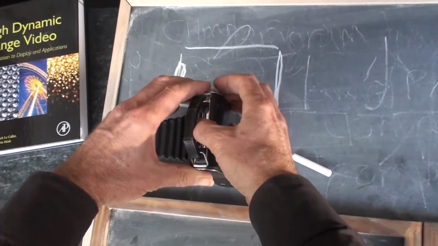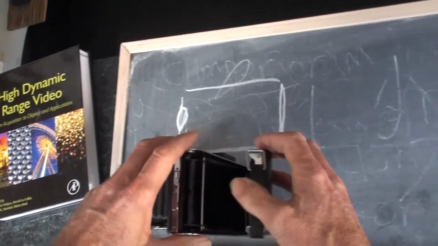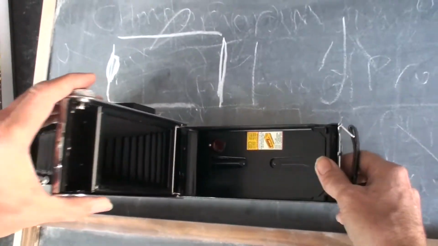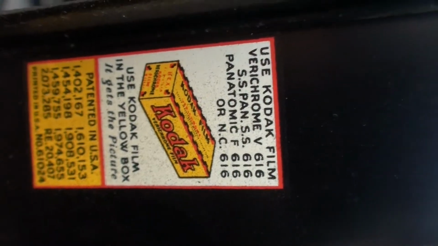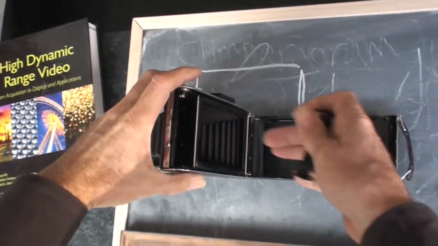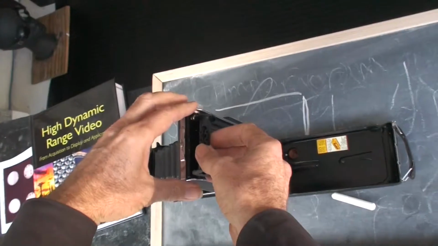In this case, this camera runs on film, photographic film, that comes off of a spool. This was called 616 film, and this type of film was 70 millimeters wide. It's very much like 70 millimeter motion picture film that goes on the spool.